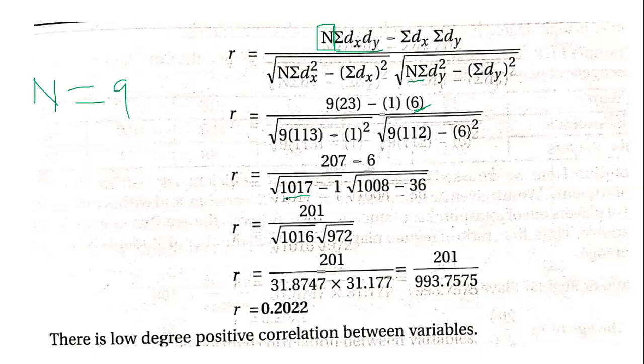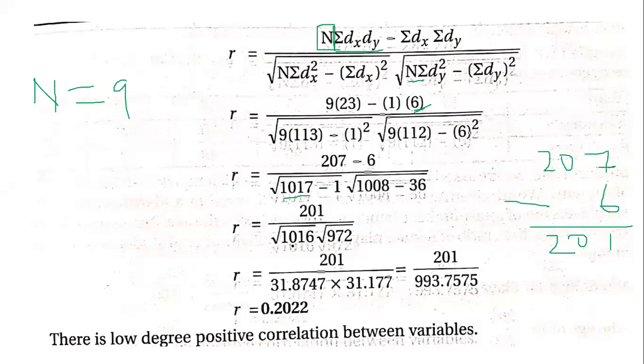Okay, so that is this step. Next step, 207 minus 6 will give you 201. Next, 1017 minus 1 is 1016. 1008 minus 36 is 972. So these are the final values that we have got.